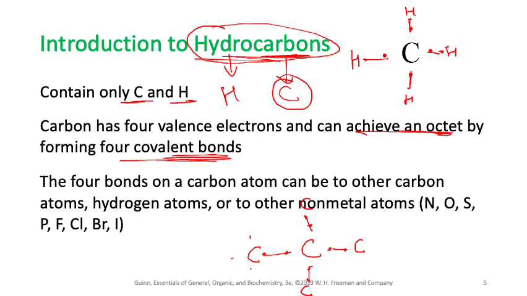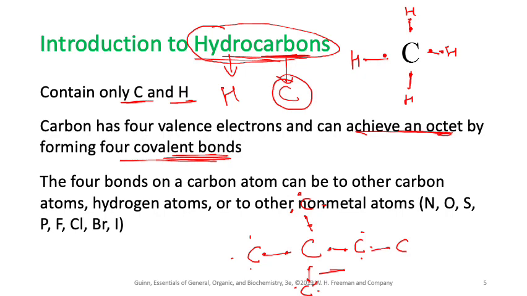And then we have three more electrons in here. Because of this bonding pattern, where carbon can make a bond with another carbon to fulfill its octet, we can find a vast variety of hydrocarbons, right?